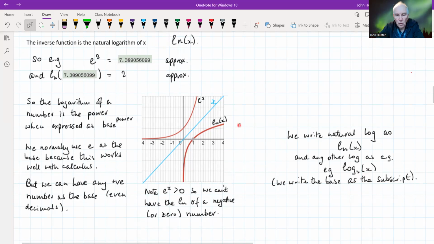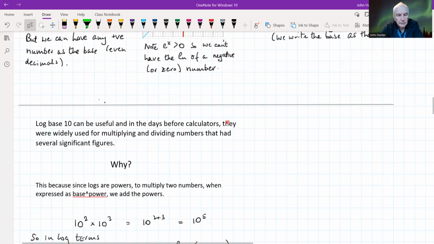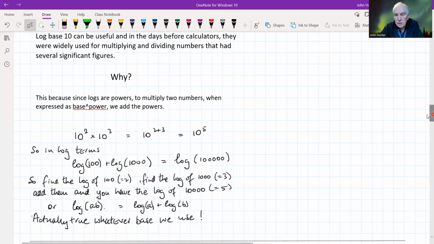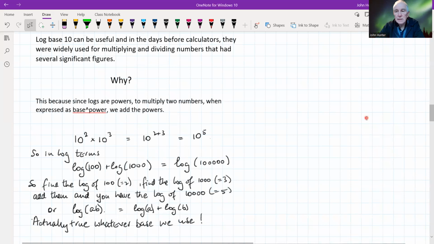Okay, so here we go. It's worth saying something about log base 10. We do still use log base 10. There are quite a few problems which involve log base 10 in A-level.